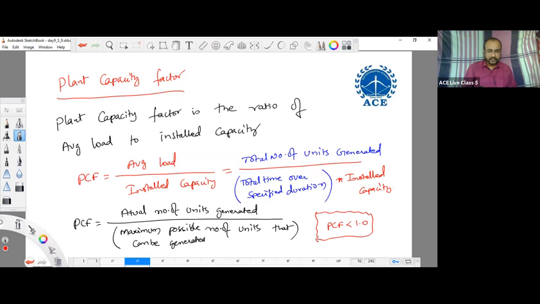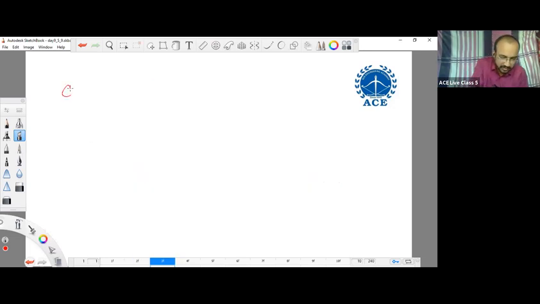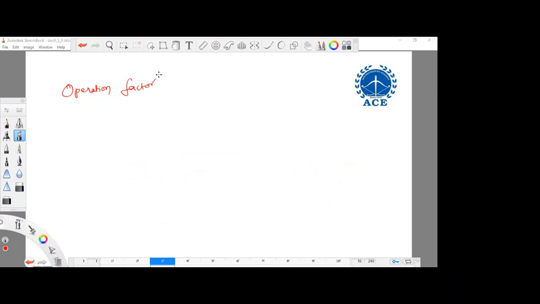Now let us define one more factor, which is known as operation factor. How do you calculate the operation factor of a unit? Operation factor is the ratio of the service hours which the unit has run to the total duration.